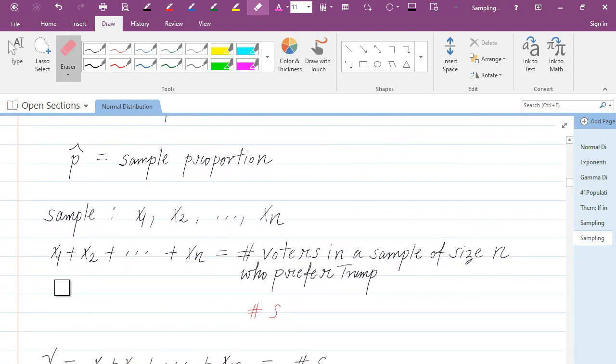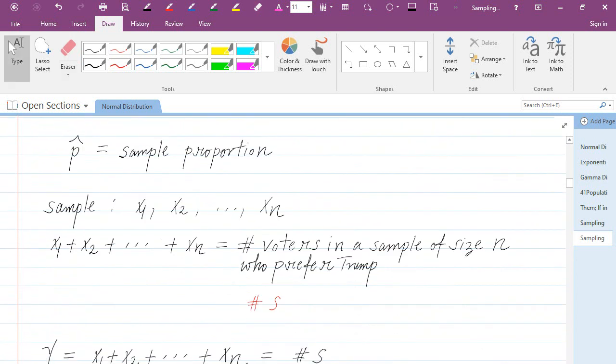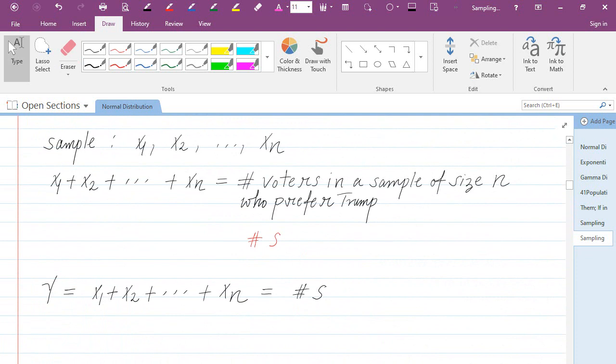So if I add these variables, I will be getting the number of voters in the sample of size n who prefer Trump. In other words, since I labeled favoring Trump as success, this sum is giving me the number of successes in my sample. So we're going to use Y to denote the sum of the variables x1 to xn, and that's going to be the number of successes.